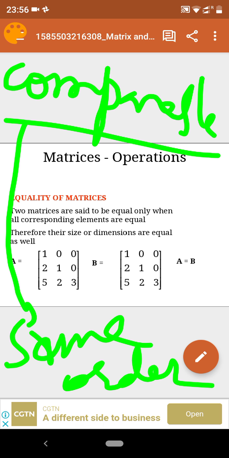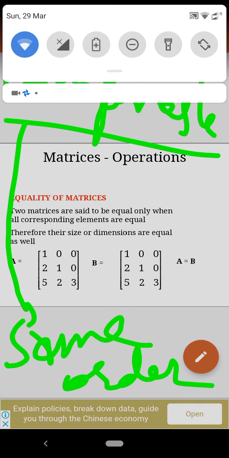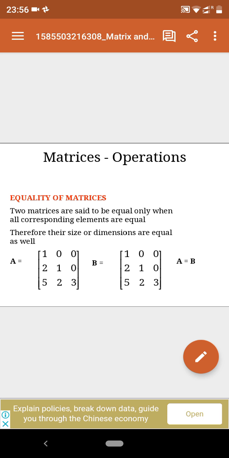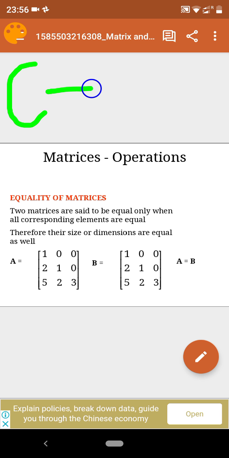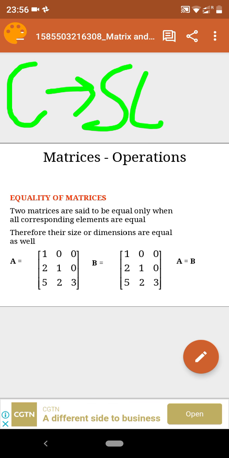One very interesting thing that I would like to discuss with you all here is that there is a term C, and this is how we write it. C on the left hand side stands for comparable matrices, and C on the right hand side stands for subtraction, equality, and addition.